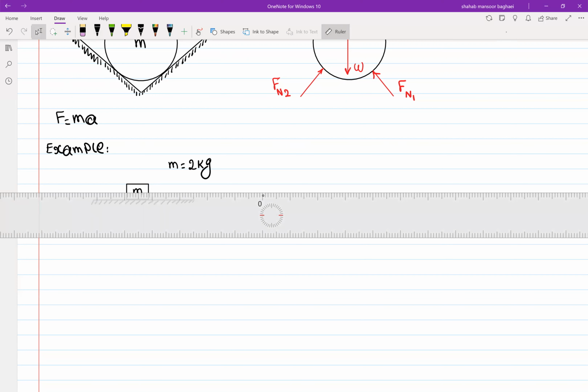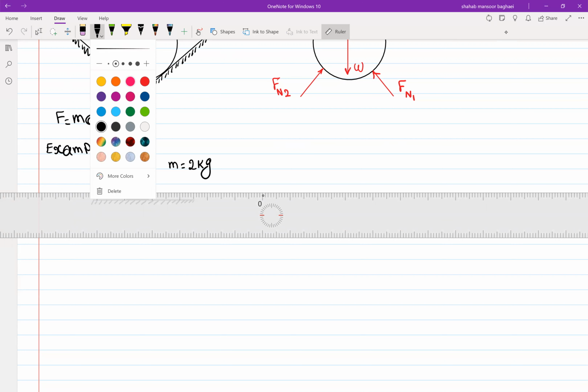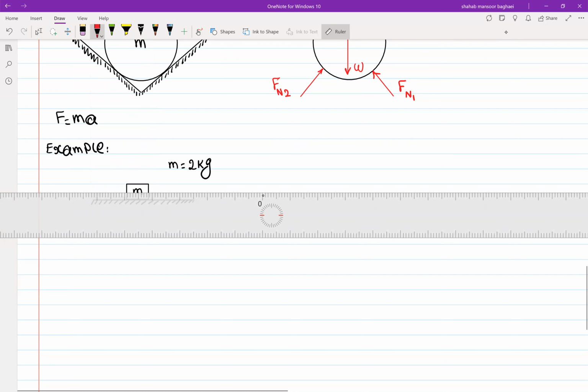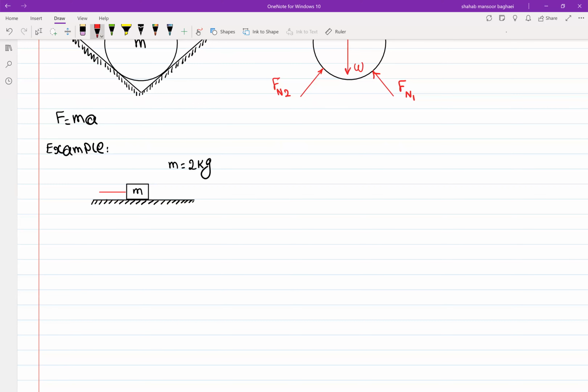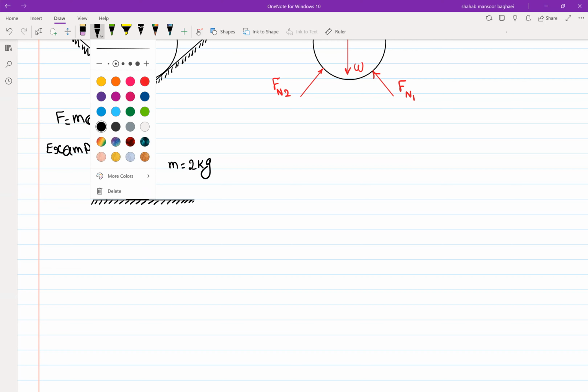I want to apply a force here on to the right, like this. This is my external force. I want to apply this force by my hands on this block to the right. This force is, for example, 10 newtons. If I apply this force on this block, which has mass of 2 kilograms, calculate acceleration. What is A?